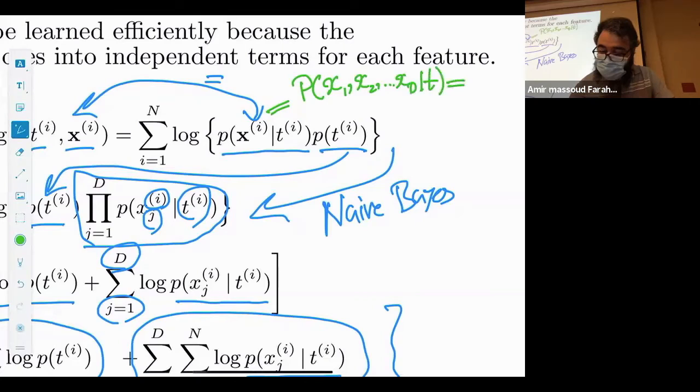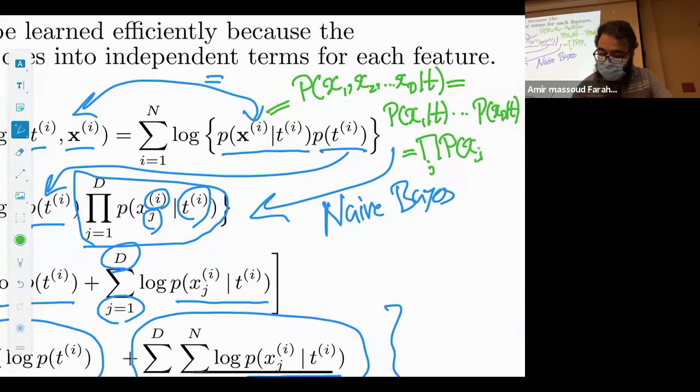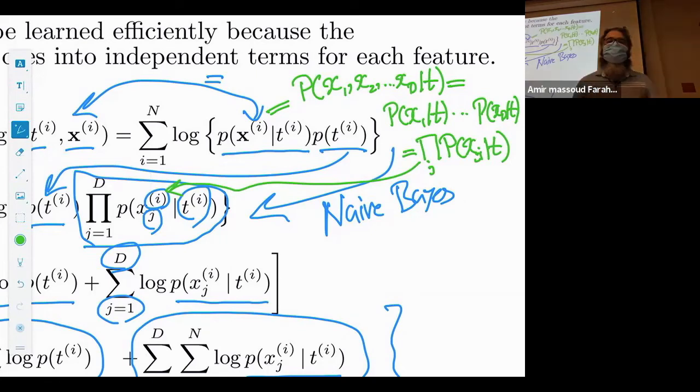So this can be written as P of x1 conditional on t, up to P of xd conditional on t, or more compactly, the product over j of P of xj conditional on t. And this is exactly what we have here after you add the index i.